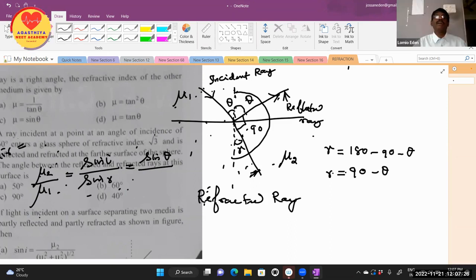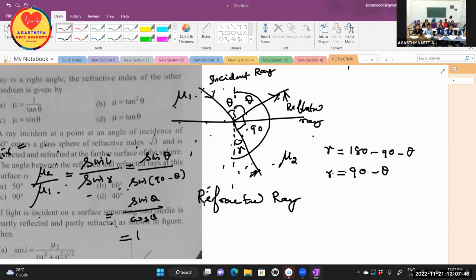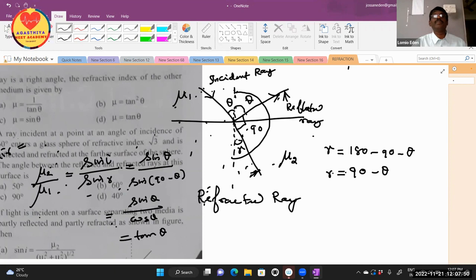Instead of r, we can put sine of 90 minus theta. Sine of 90 minus theta lies in the first quadrant, all silver tea cups. Therefore, sine of 90 minus theta can be written as cos theta. Students, correct? Yes, sir. Therefore, it will be sin theta by cos theta, that is tan theta. We have to find mu2.